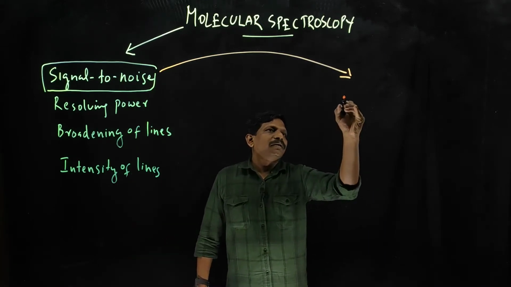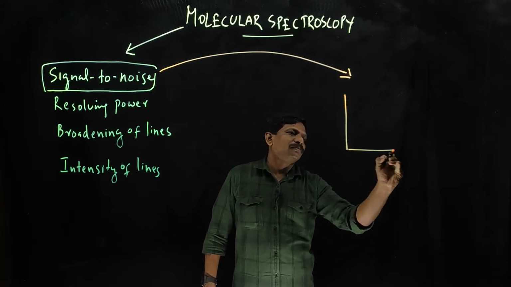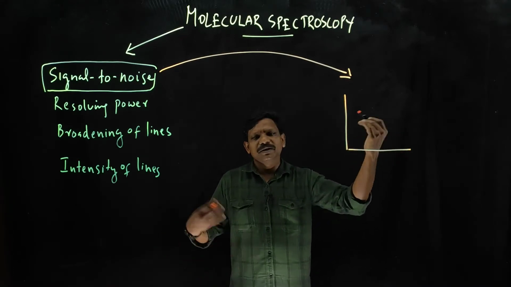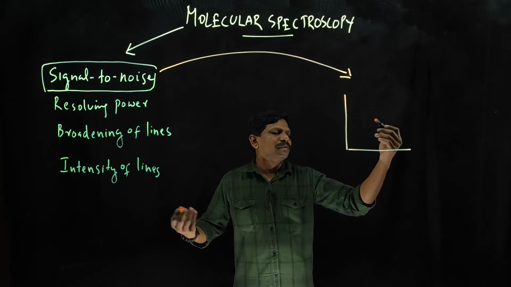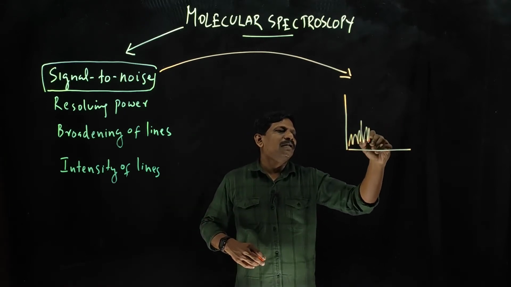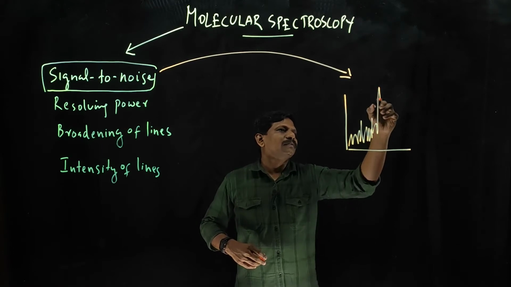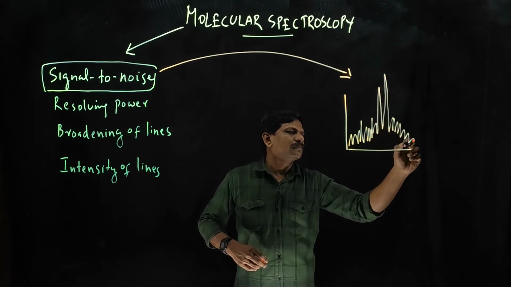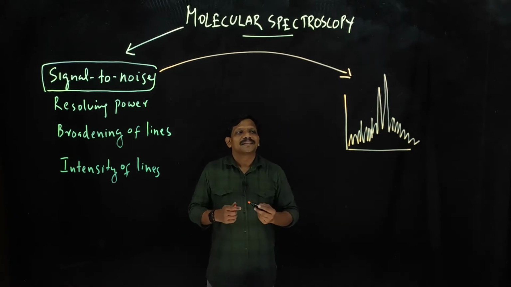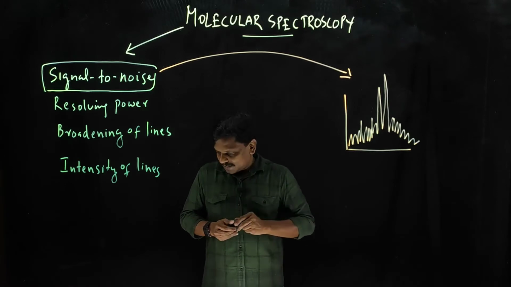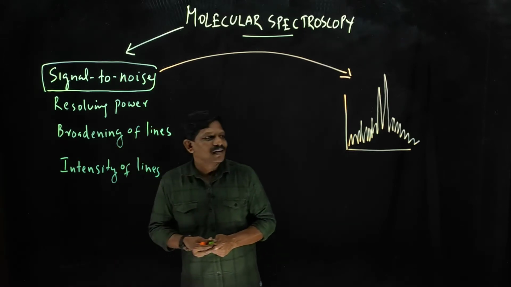I will draw two types of spectra here. It could be infrared, rotational, or any other type. One I am simply drawing like this. You see, my one spectrum is like this, but the actual spectrum is not like this.